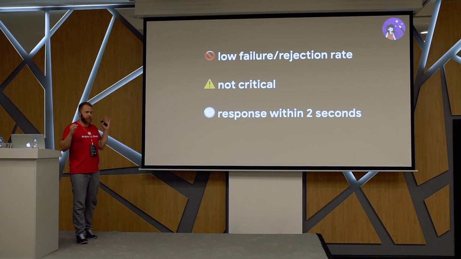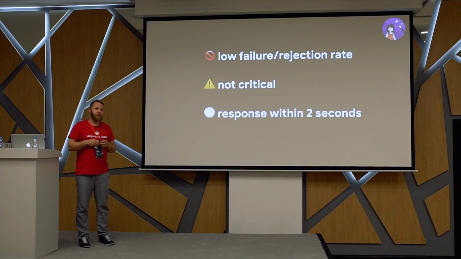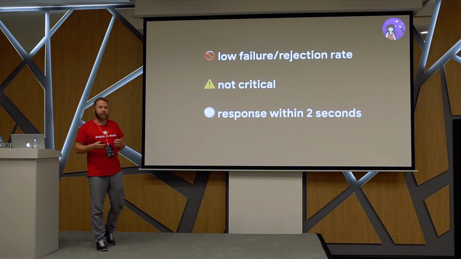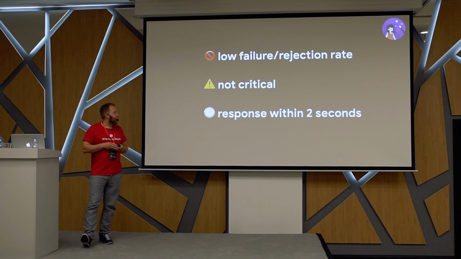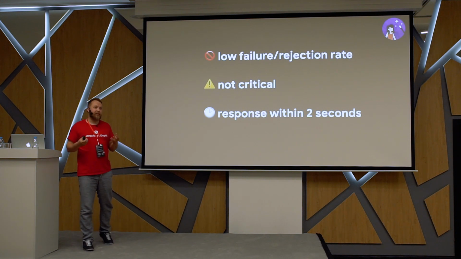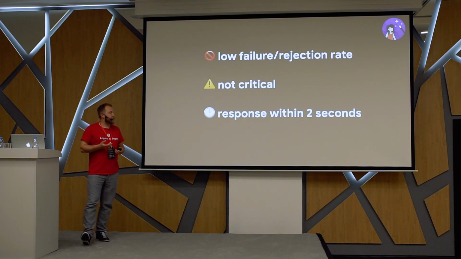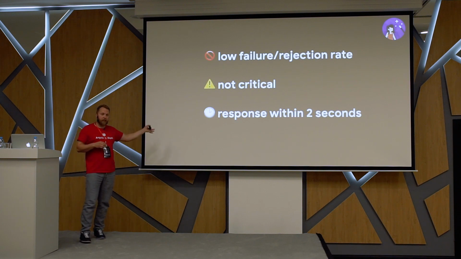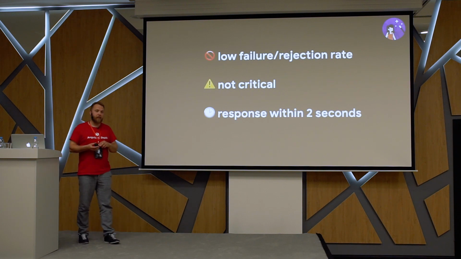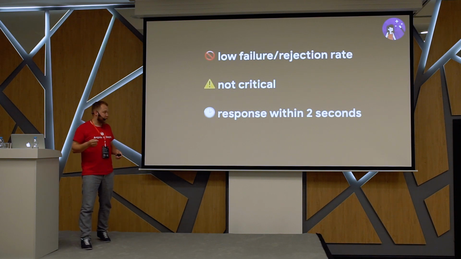There are a lot of cautions with this. First of all, we shouldn't do optimistic UIs on interfaces that are very critical to succeed. So the API should have a low failure and rejection rate. And it should be non-critical as well. For example, adding an item to the cart is fine, but completing the purchasing flow is definitely not fine.